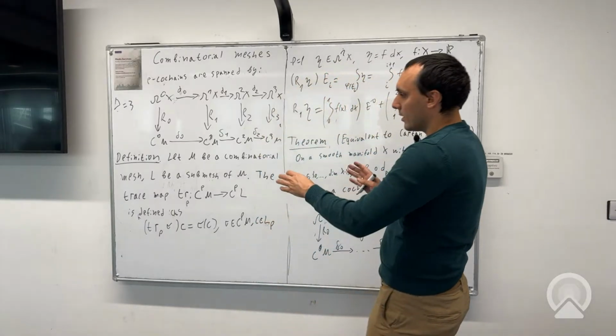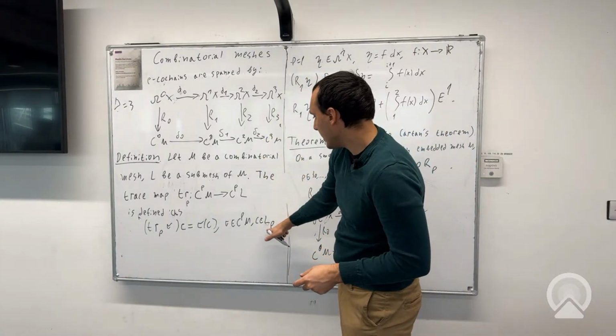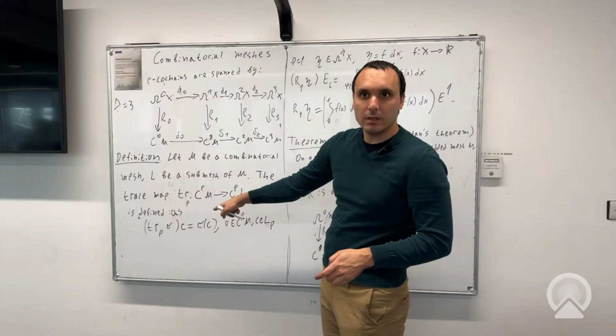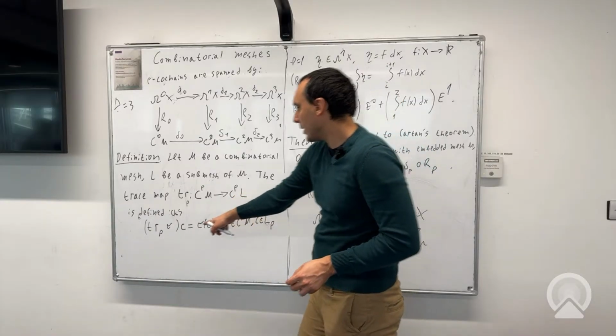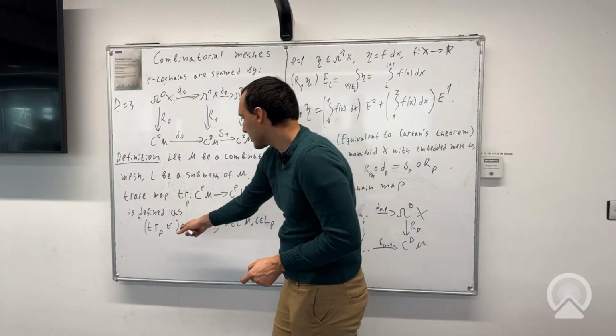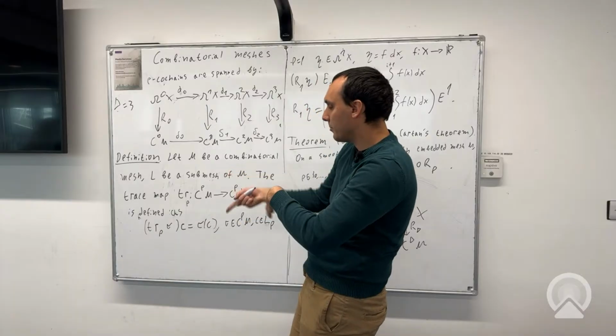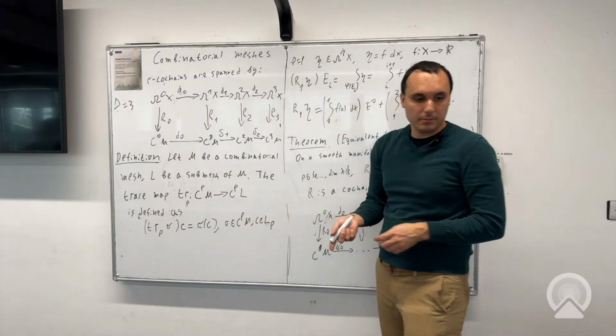So we have a subset, and any cell in L is a cell in M. And we apply the trace, it's like a restriction.